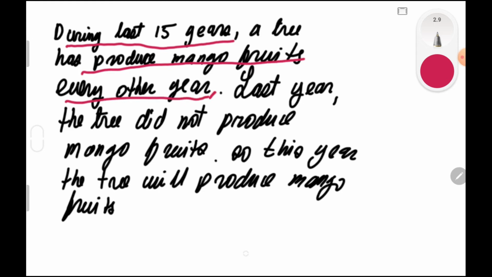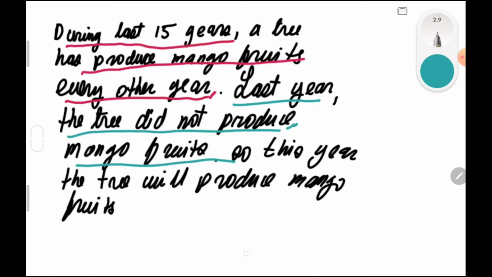Yan yung sequence niya. For 15 years, may bubunga siya every other year. Okay? So, from the point of view, last year daw, hindi siya nagbunga. Last year, the tree did not produce mango fruits.